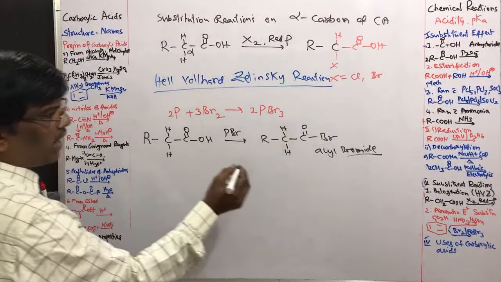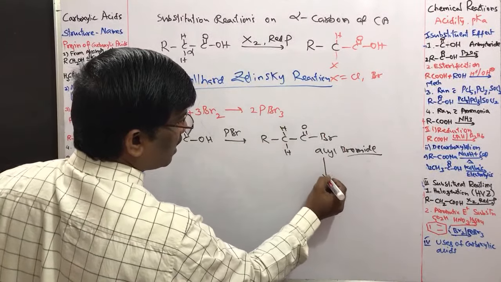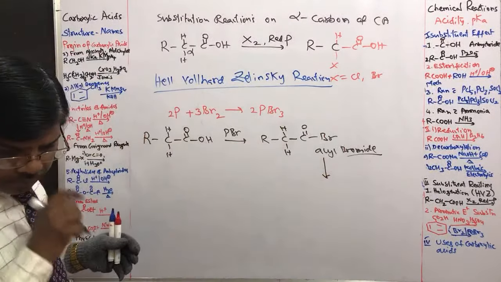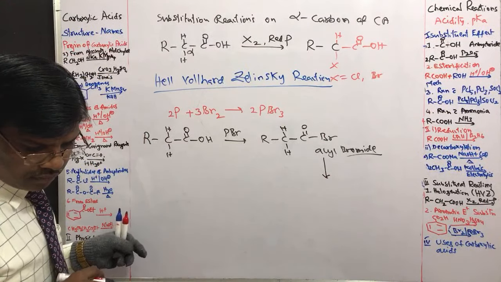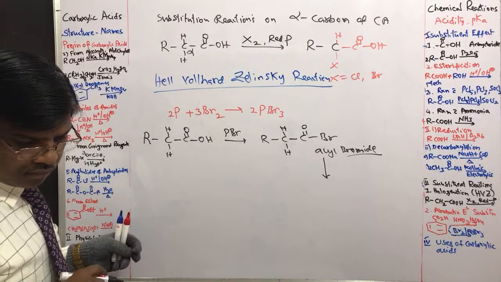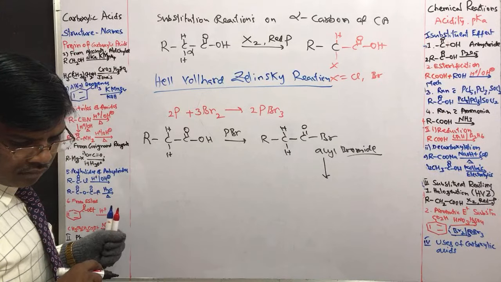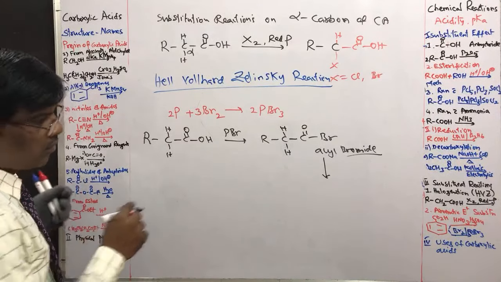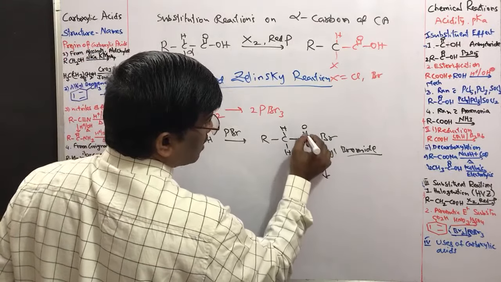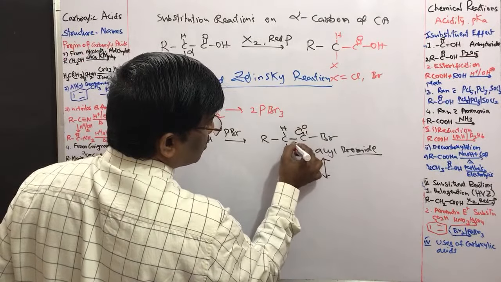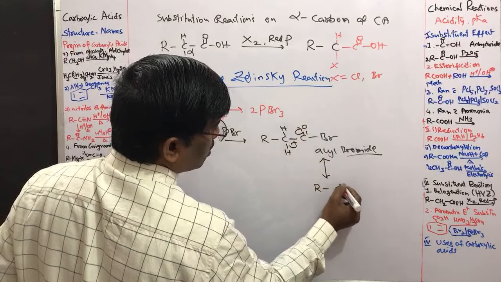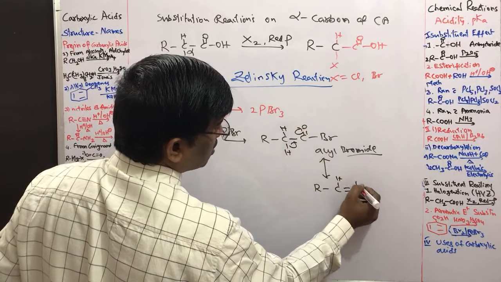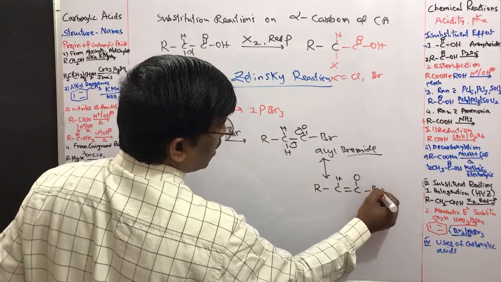This acyl bromide further, so these acyl bromides can enolize to form R, CH double bond C, OH and bromide.